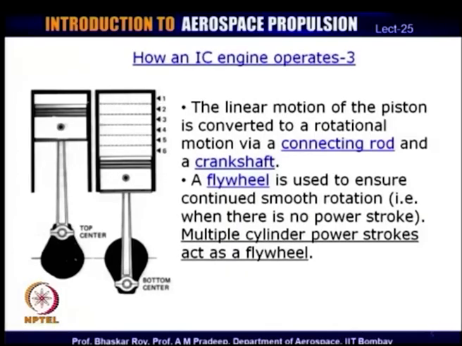So, we need to convert the linear motion of the piston to a rotary motion, and that is done through the system of connecting rods and cams and crankshaft. And then we have the concept of the flywheel, which sustains the continued smooth motion through the other strokes, so that we have continuous motion.